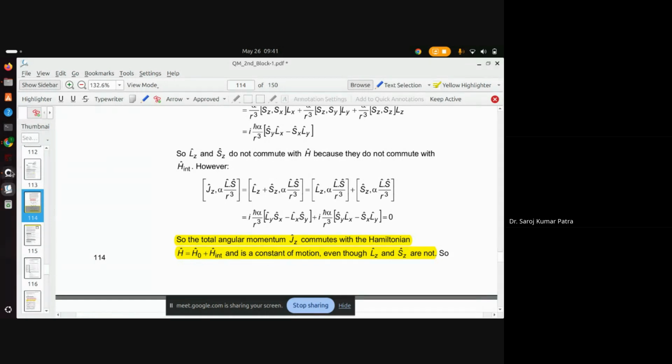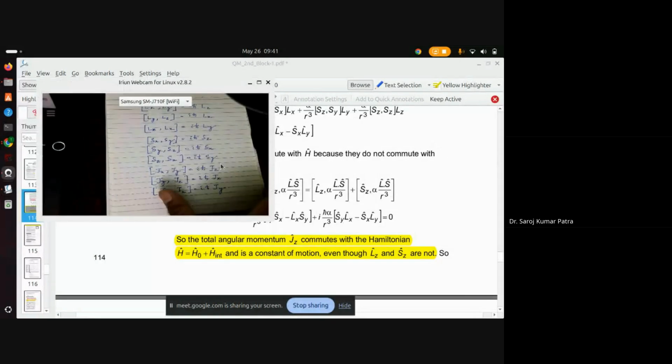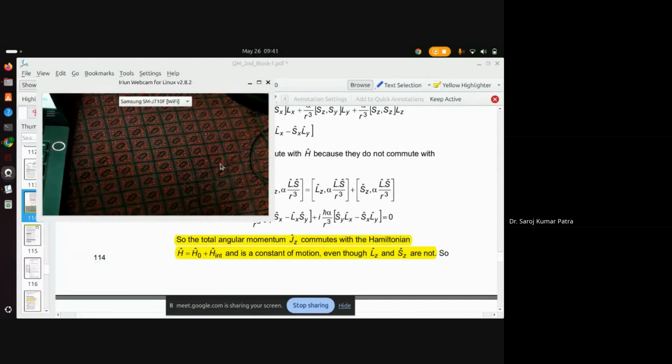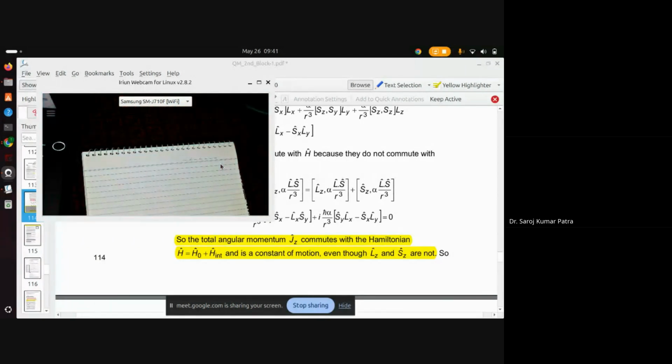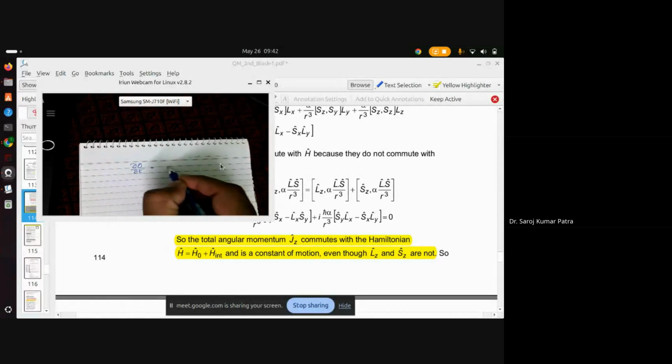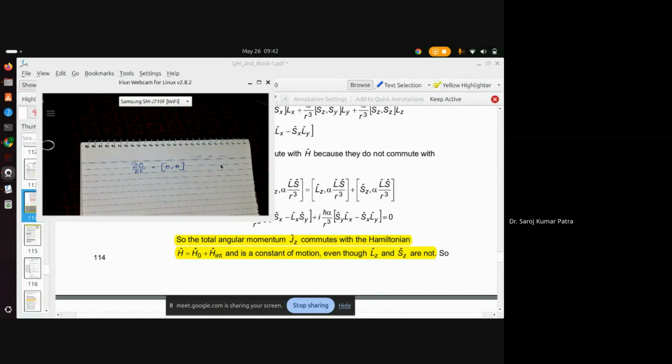Are you getting what I am telling? Let me write it down. We said yesterday, del O by del t is equal to the commutator of O with H. All of you remember this one?